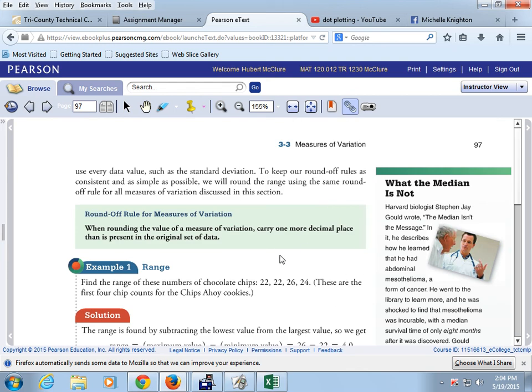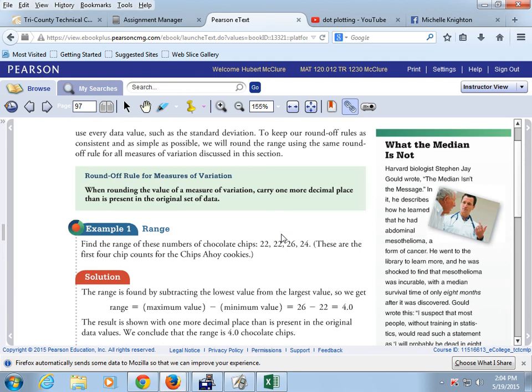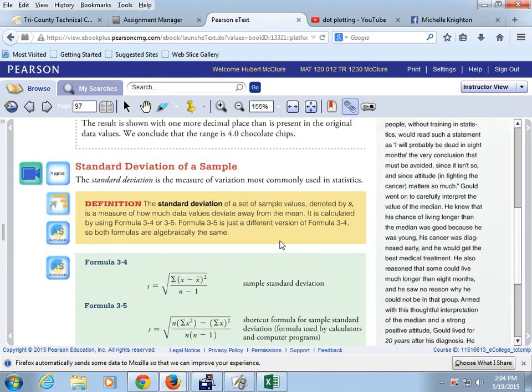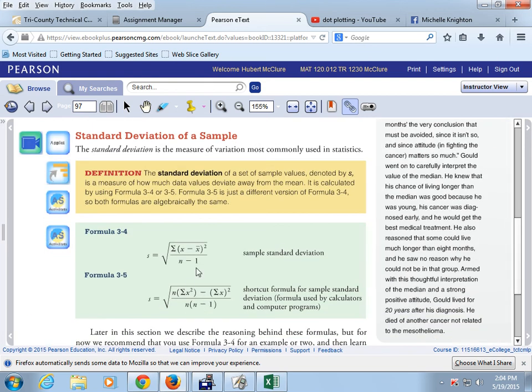I don't think it's in the book. The standard deviation here is of a data set, that's what we just did. On page 97, that's x minus x bar over n minus 1.